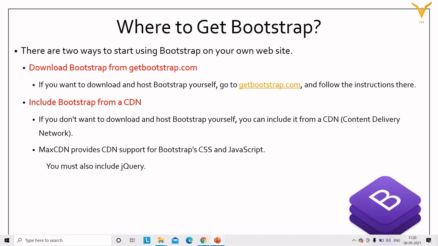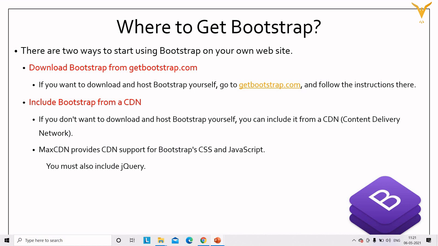First, we need to get these files. To get them, we go to getbootstrap.com, where some instructions are given that you have to follow. There are two ways to get Bootstrap. First, you can download all the Bootstrap files.